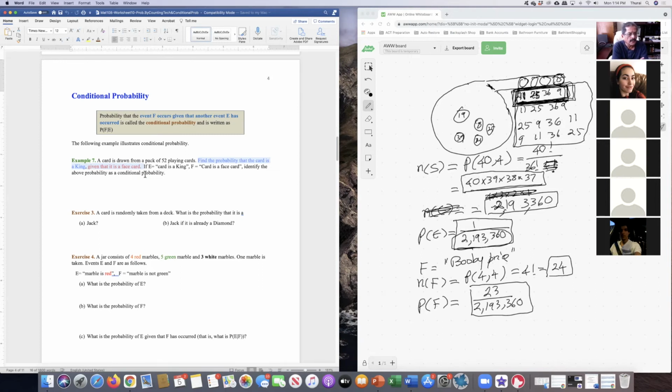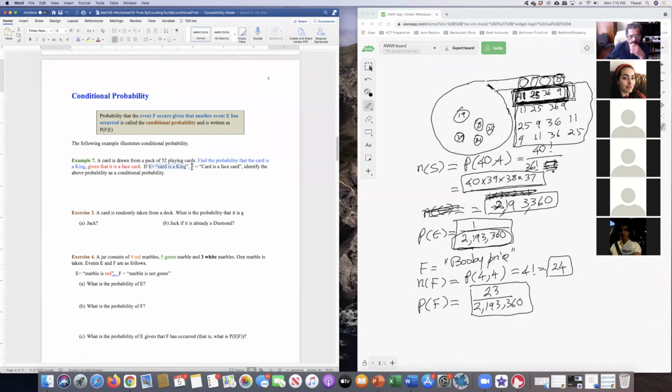So the question is, if I tell you I took the card and then I'm telling you it's a face card, what is the probability that it's a king? So the event that has happened is that it's a face card. We can write this in the following manner. 12 face cards are there, yes.